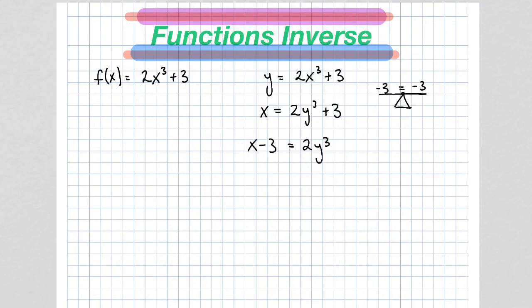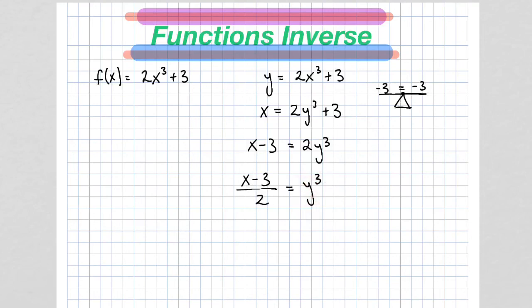Next, we're going to divide by 2. Here, this y cubed is being multiplied by 2. So to get rid of it, we need to divide both sides by 2. So we're going to say x minus 3 divided by 2 equals y cubed. Last step, we're going to take the cube root of both sides to get rid of this exponent.